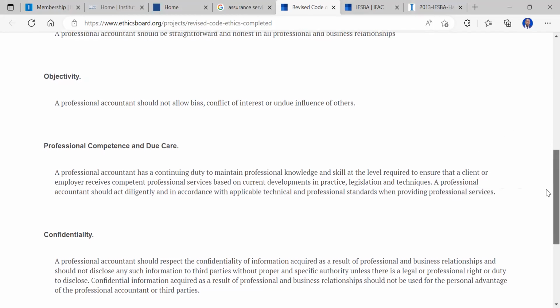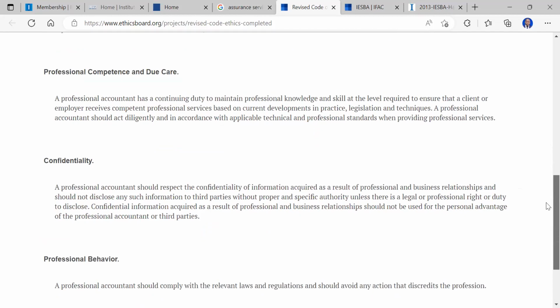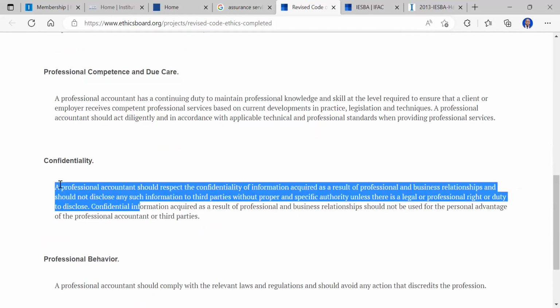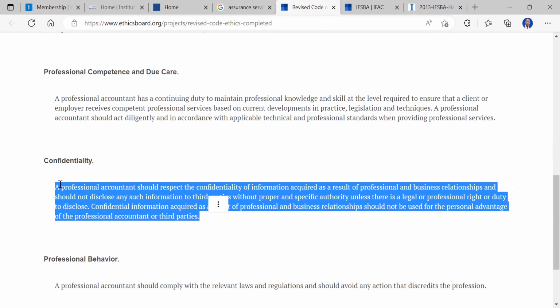And then we have confidentiality. Now, as accountants, we are people that have access to information that not any other person can have. You have access to salaries.